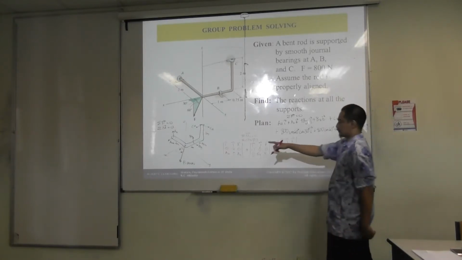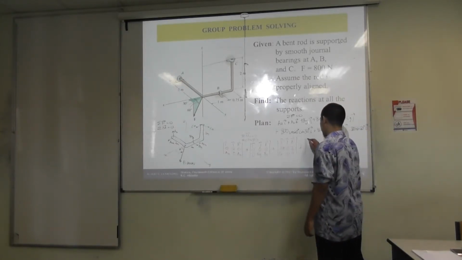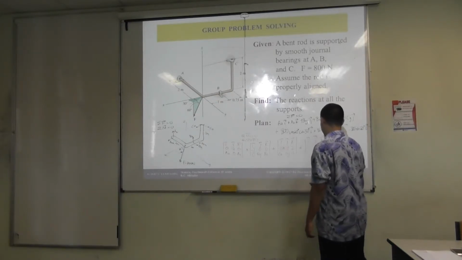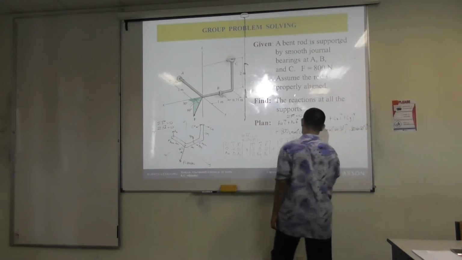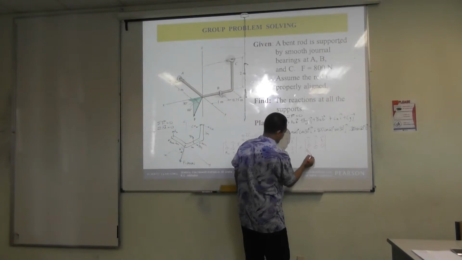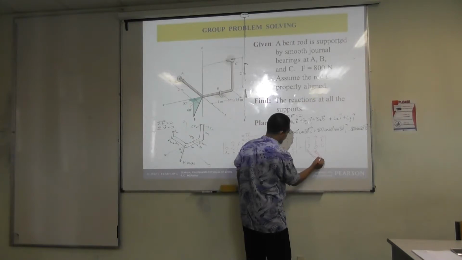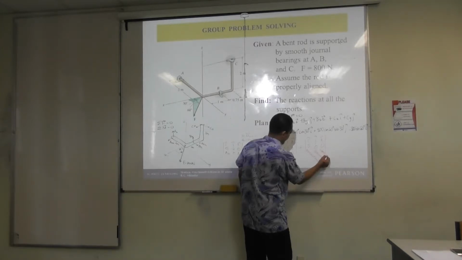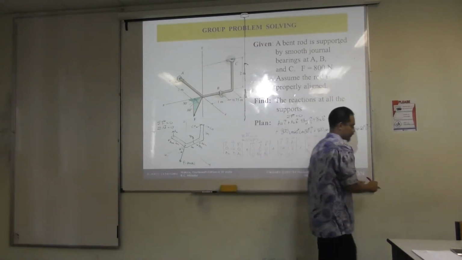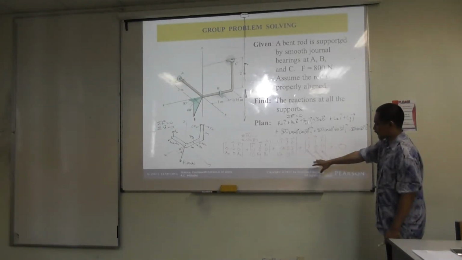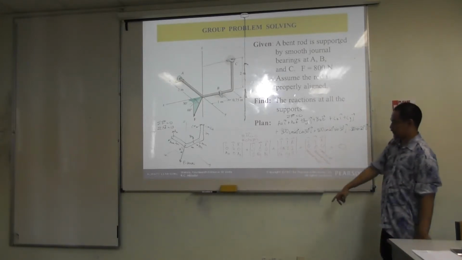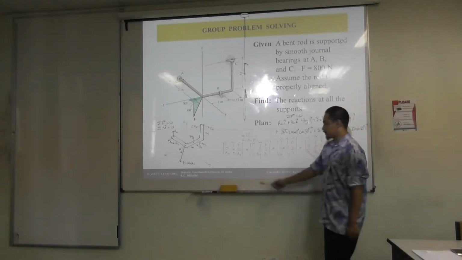If you want to put it in writing, normally we just omit this one, right? But just to put in perspective, it will be 0, 0, 0. And here is basically this 800 cos 60 cos 30, 800 cos 60 sin 30, minus 800 sin 60, right? This one equal to 0. Now, normally we just don't write this one, but I have a reason why I write it here, just for the next discussion. So anyway, if you do this, should we try this?